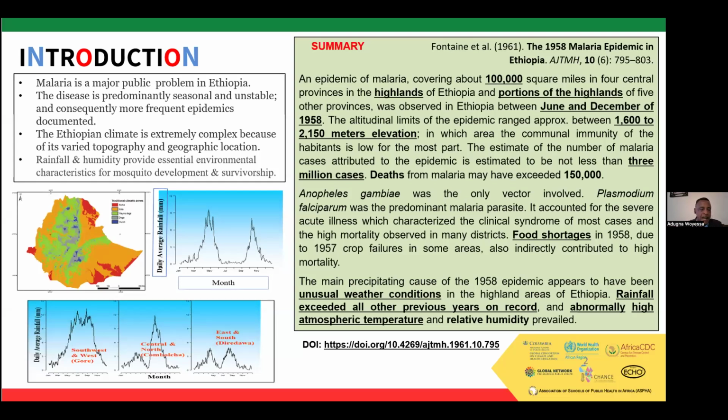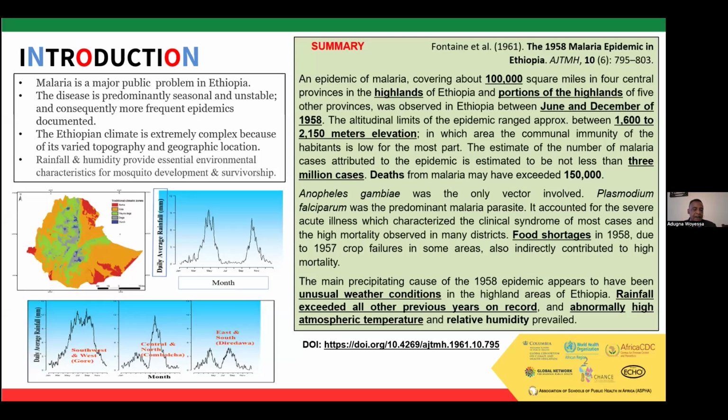As we can see, there is a lot of rainfall variability. If you take the upper graph, we can see a bimodal rainfall pattern in certain parts of the country. In other parts, we find high rainfall during the rainy season from May through July and August, with more than 7 months of rainfall.